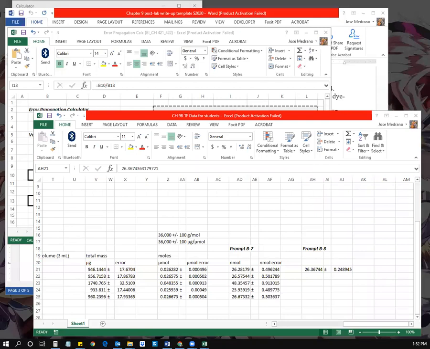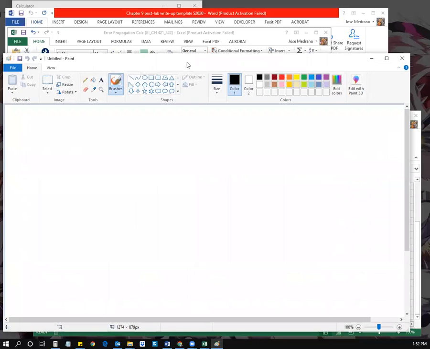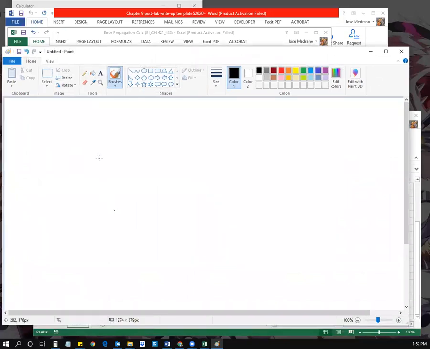But just to show you a different way of how to do this, if you are going to, for example, do big A plus or minus little a, and then also add that to big B plus or minus little b, and then add another value also with its associated error.